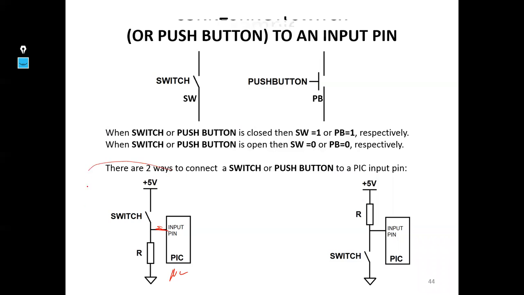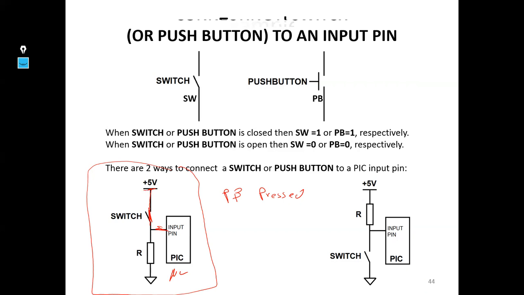So in the first circuit, the push button pressed. What is the value of the input pin if the push button is pressed, or if the switch is closed? It will be 1 because the switch is closed.